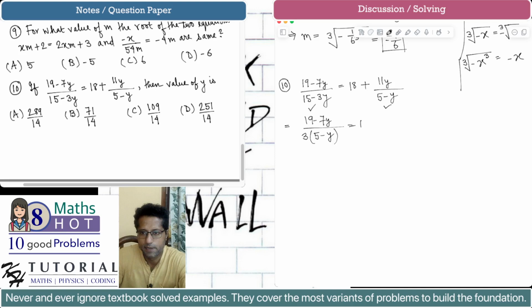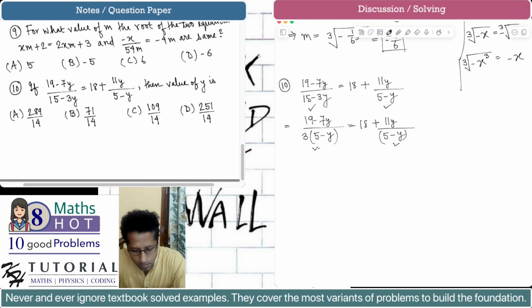This is equal to 18 plus 11y by 5 minus y. You see that both the rational terms are having 5 minus y as a common factor of the denominator.